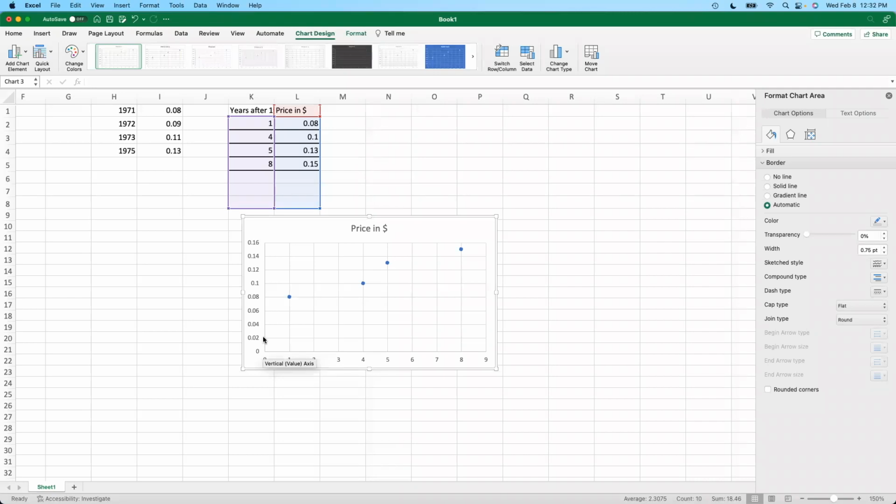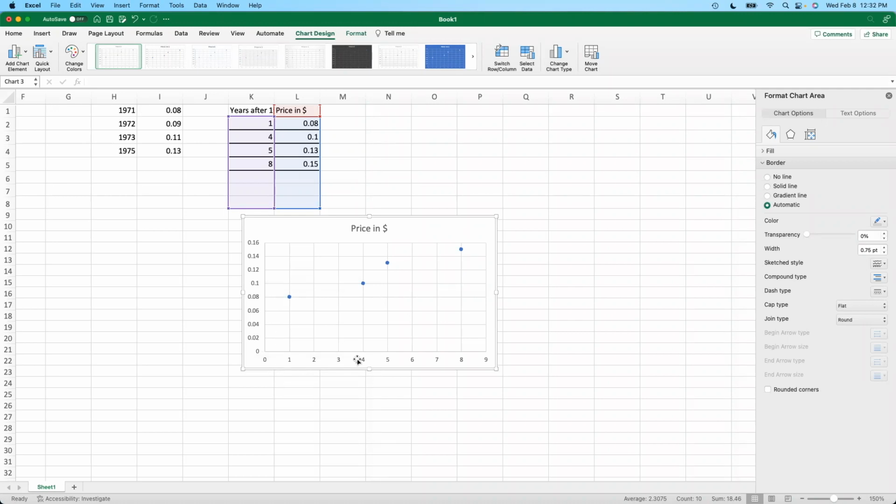X equals 0 is 1970. In the year 1970, a postage stamp cost blank. We're not making predictions about 2,000 years ago. So 0 needs to correspond with something. It doesn't have to be 1970, but that's what I think you should use.